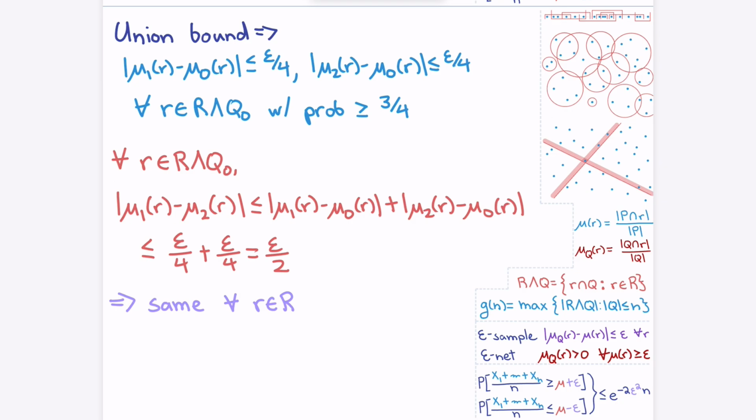And the nice thing is that this was just all the ranges induced by Q0, but that gives you all the ranges out there, because all the ranges out there project onto Q0 first. And then you ask if they're different on mu1 and mu0.